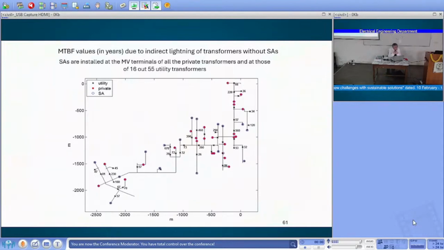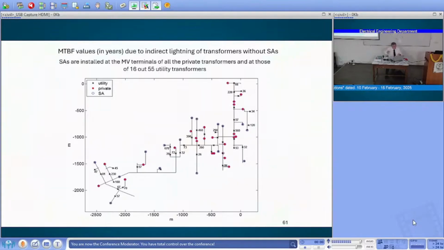So by this idea that the lower the number, the more problems, you can see an area in which, without including additional surge arrestors, the expected number of events, so the time between failure, is so long that it is not useful to put a surge arrestor there.